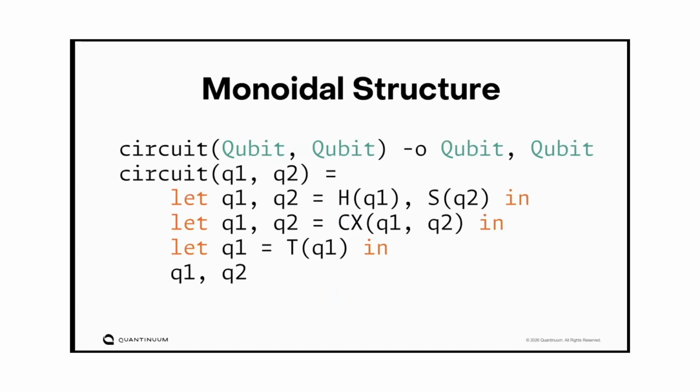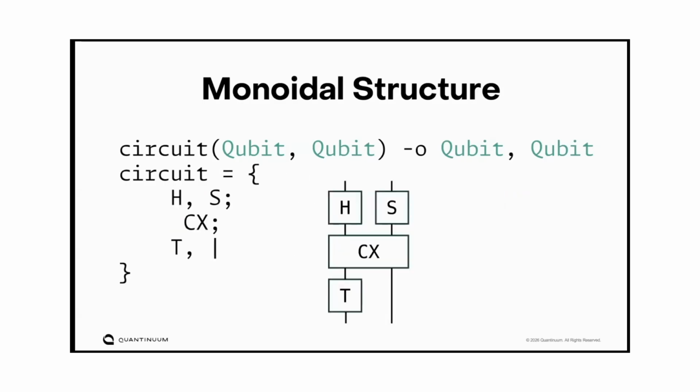Is there a type-level guarantee that the gates are all of the same dimension? What if I put a sequence where I put h, s and then another s, what tells me that that's not right? Exactly.